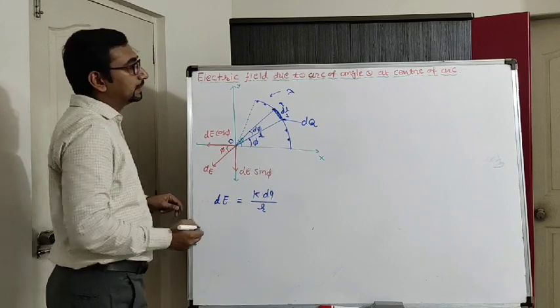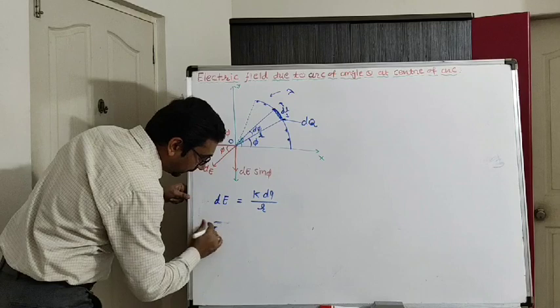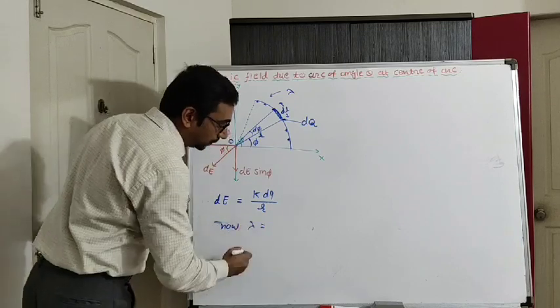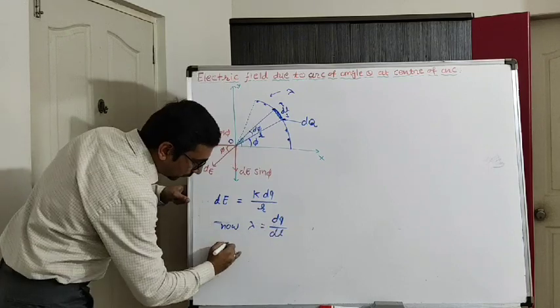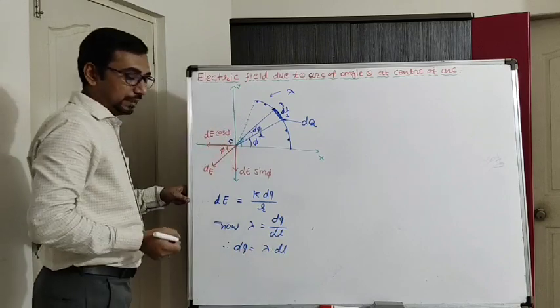Now lambda is linear charge density, so lambda is equal to charge dq upon length dl. So dq will be equal to lambda into dl.